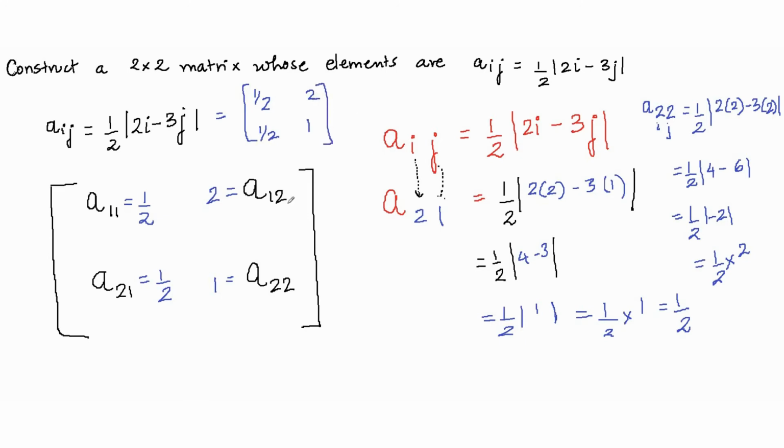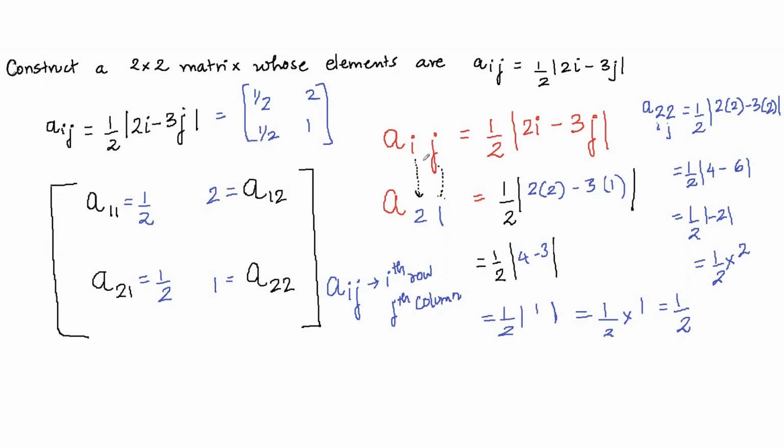So, a quick recap. Aij basically indicates the term in the ith row and jth column, right? And magnitude basically means that you have to ignore the negative sign wherever required, and you don't ignore the negative signs until you get the answer.